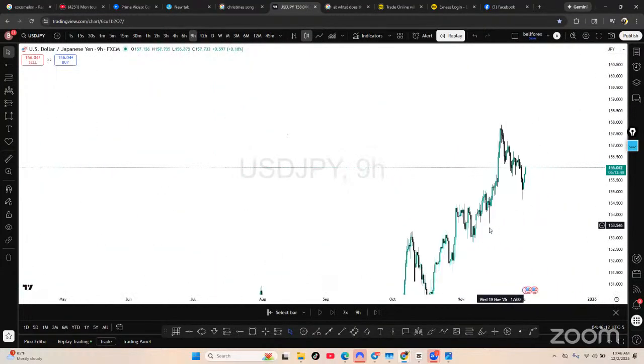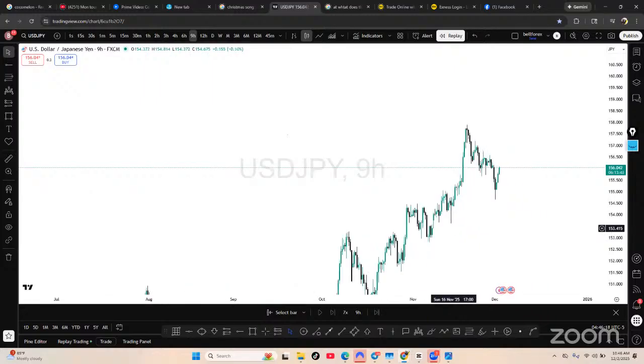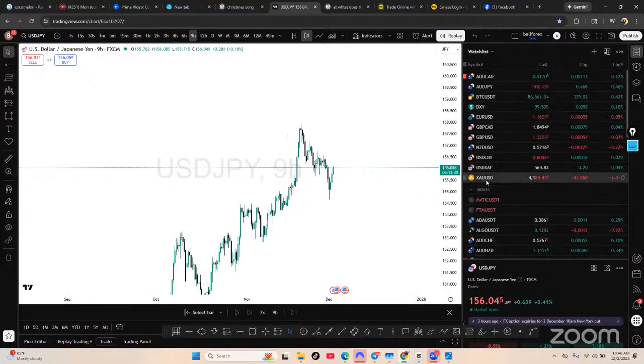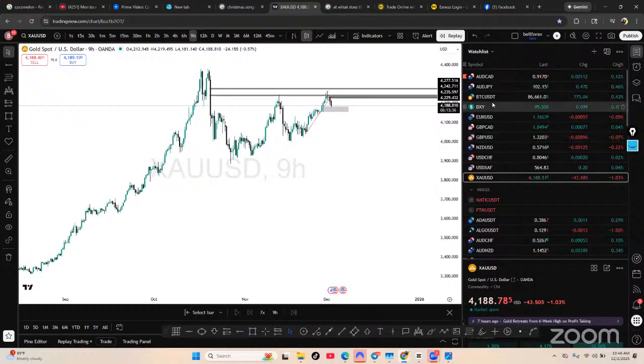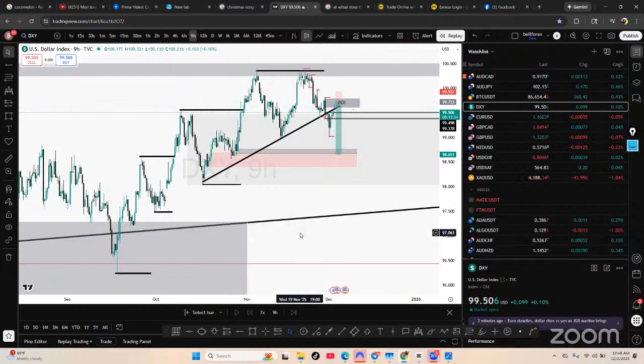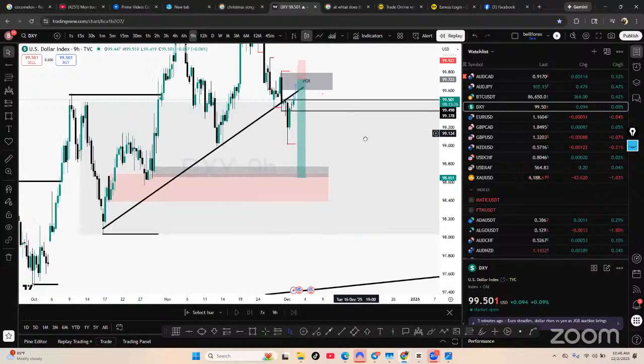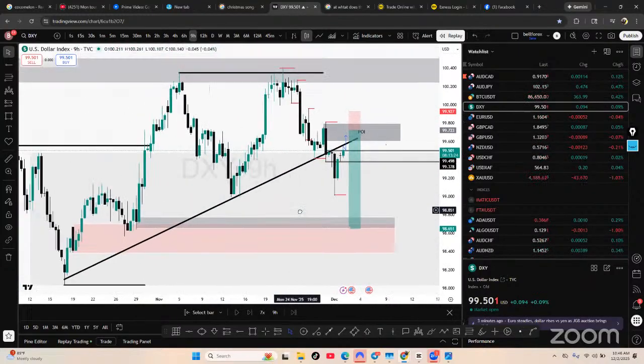You know, the US dollar is actually weak. DXY is selling. Maybe it's what is going on with the DXY. So we might look for a short on USD Japanese yen soon.